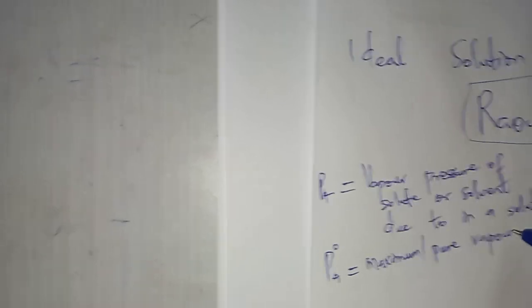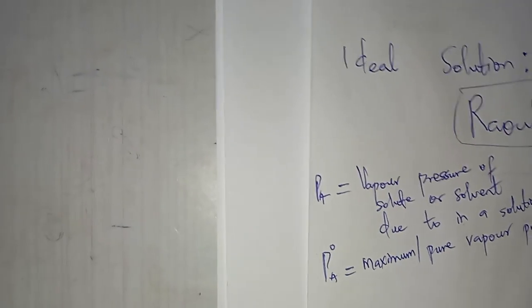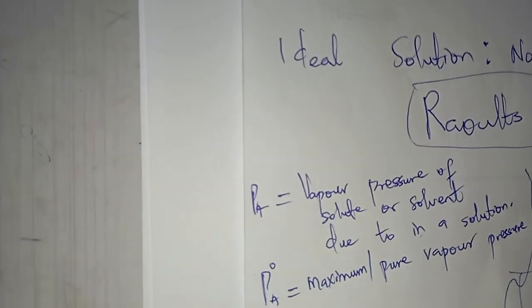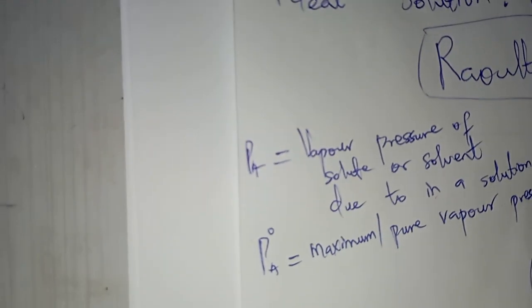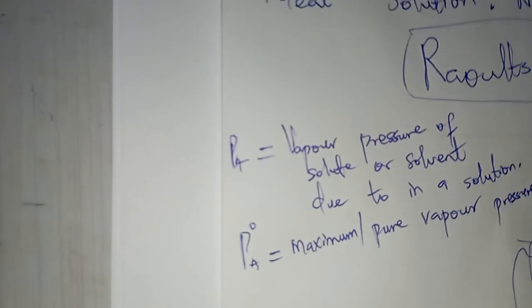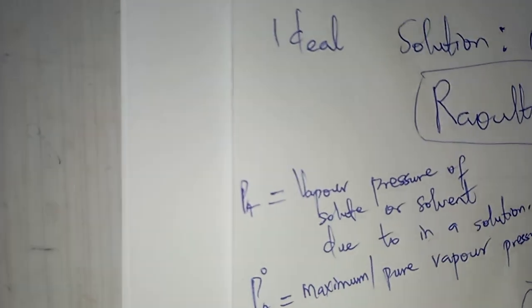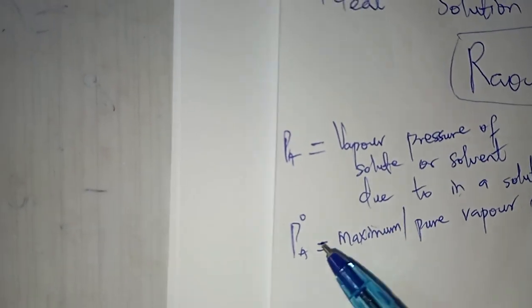Sometimes students ask me, how do I know the difference between the pure vapor pressure and that of the solution? How you know is that if a question tells you the vapor pressure of pure water, know that they are talking about the vapor pressure at that temperature, the pure vapor pressure. Or they tell you at some degree the vapor pressure of water is this, know that they are talking about the pure vapor pressure.